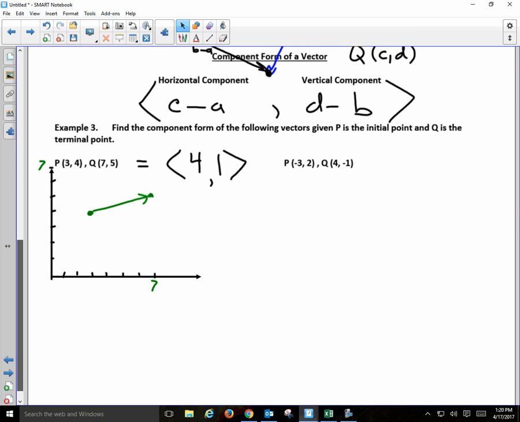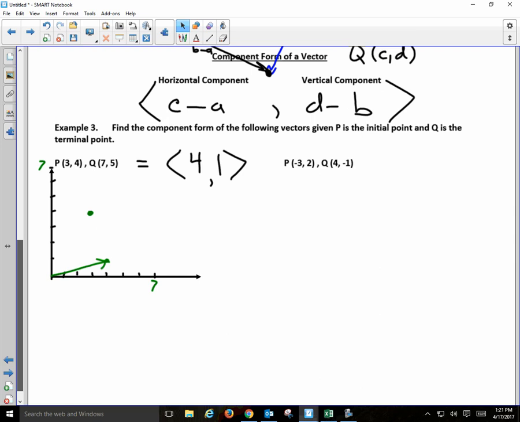That's my vector. What we did is we took it and put it in component form. Watch what happens if I drag this down to (0, 0). What is the coordinate of its terminal point now? (4, 1). So when you put it in component form, it's simply translated so that it begins at (0, 0).